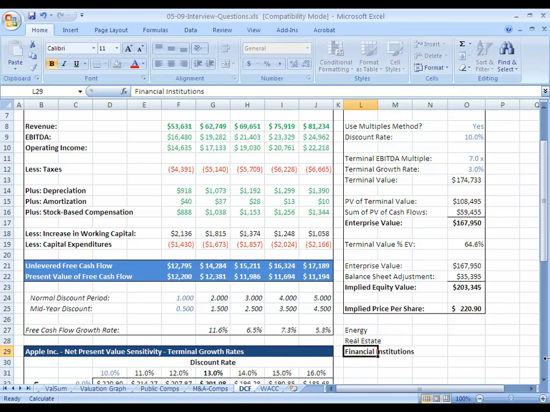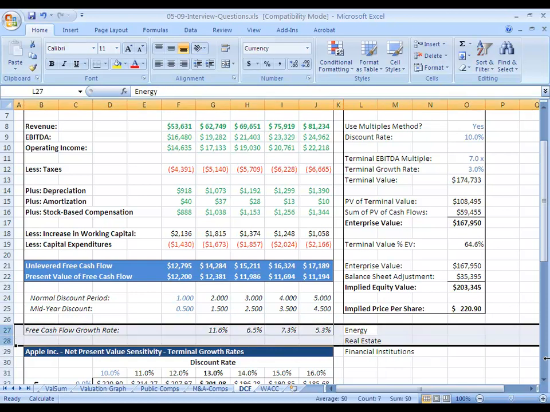And for each of these, you follow something similar to a DCF, but not exactly the same. In the case of energy and real estate, for example, much of the value is based on the assets that you own. So instead of starting with a revenue growth projection, you start with projections based on your assets, your net asset value, and then you go from there to figure out what a company's free cash flow is. So the concept is the same, but the execution and the implementation is a little bit different.